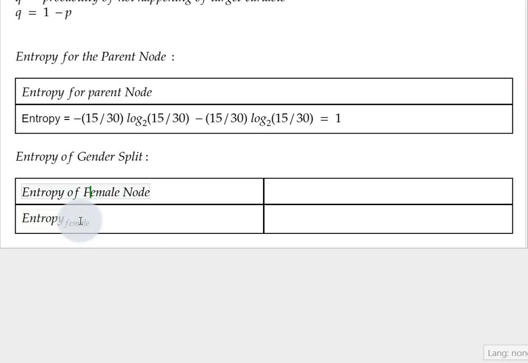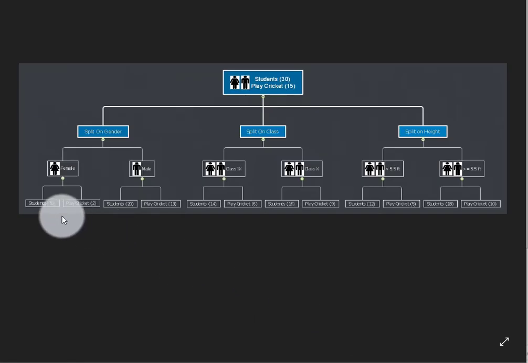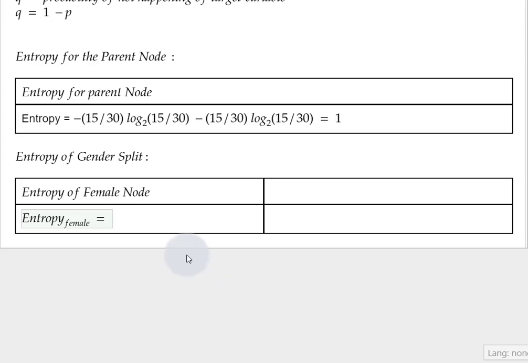My entropy of the female node will be: how many students play cricket among the female node? There are 10 students over here, and among them 2 play cricket. So minus my p, that is 2 over 10, times log 2 of 2 over 10, that's my p value.